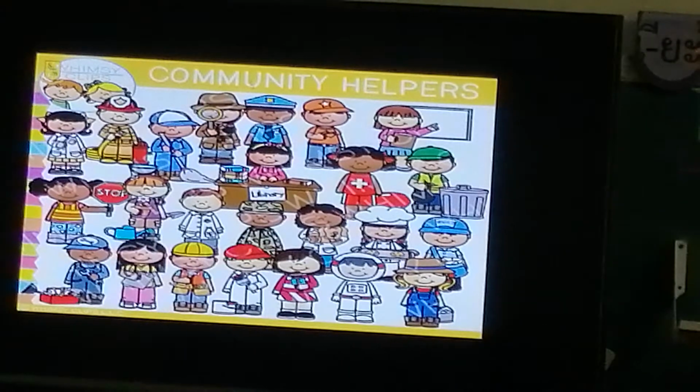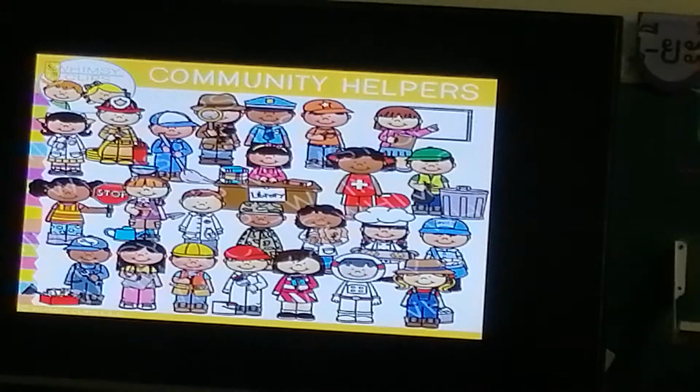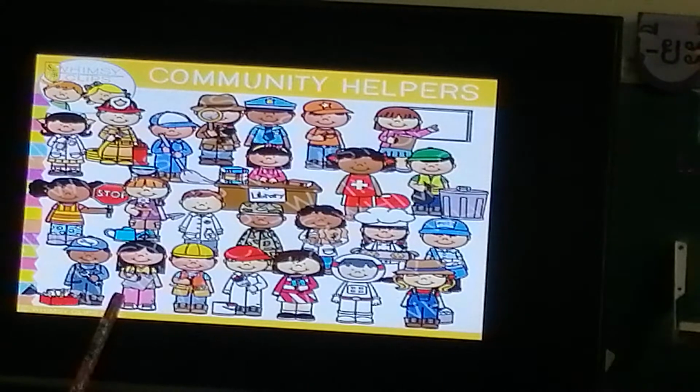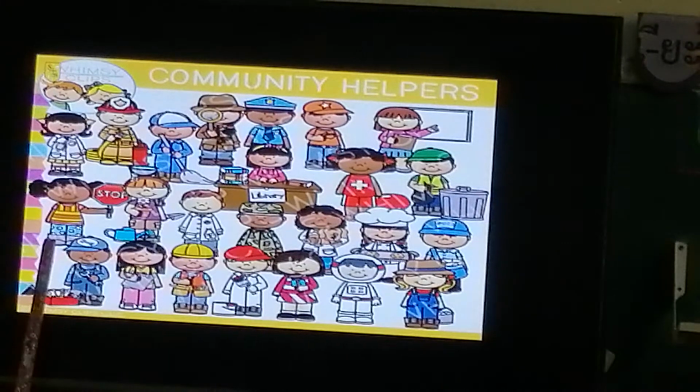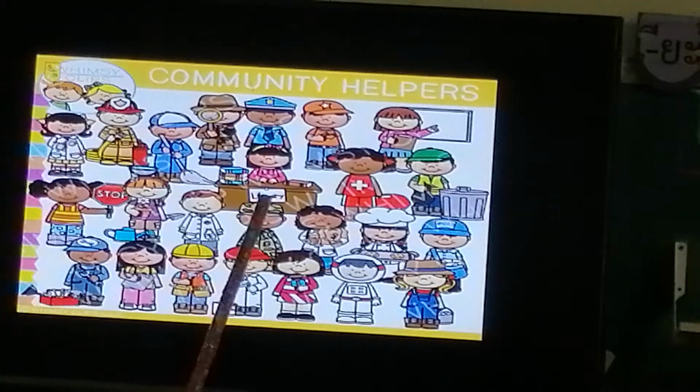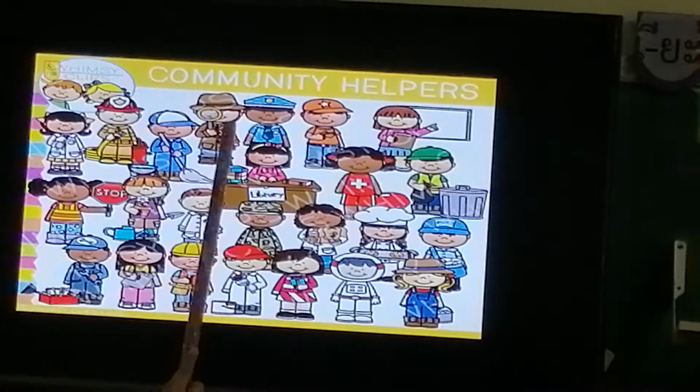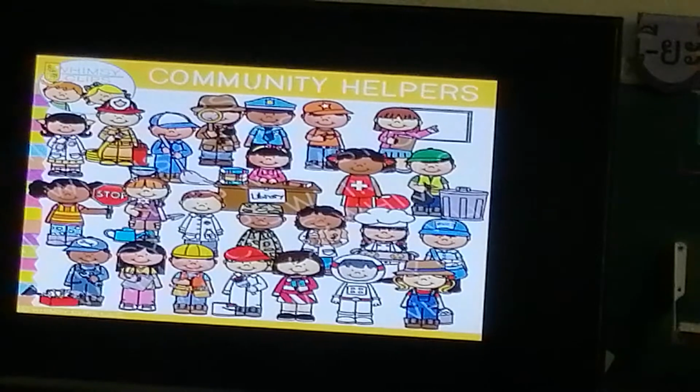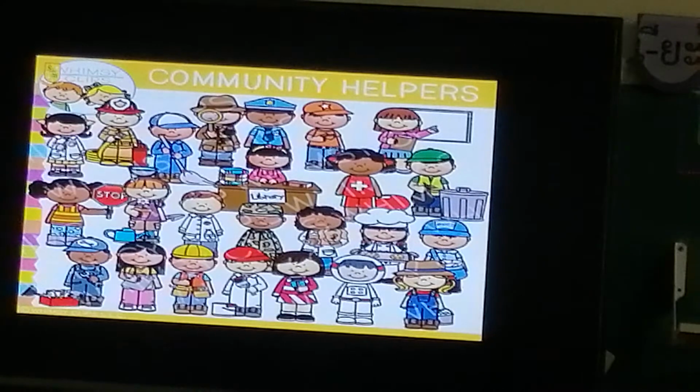Soldier is helping us, making the country peaceful. So the government also pays for them. We have doctors, traffic enforcers, a librarian, teachers, a pilot, and a lot more. We have street cleaners. So they are the community helpers. They help the community. Do you understand? Okay. So you take a look at that.